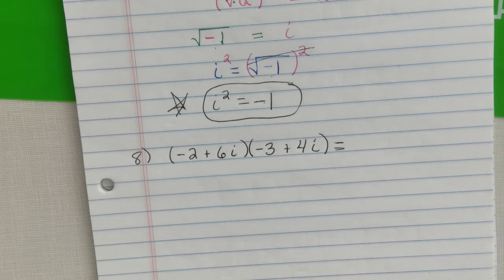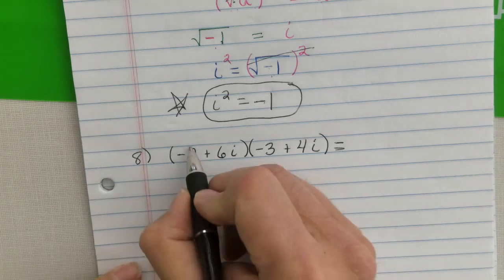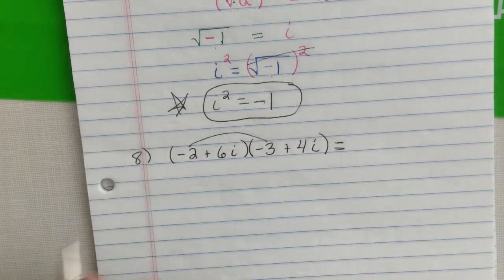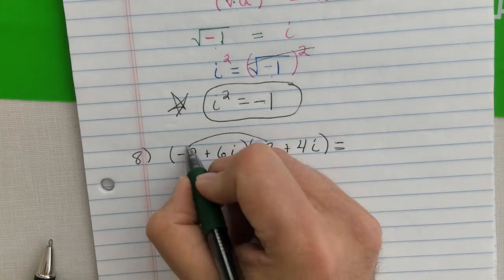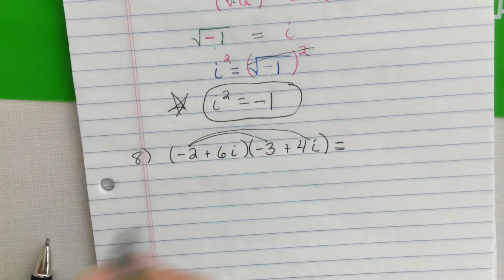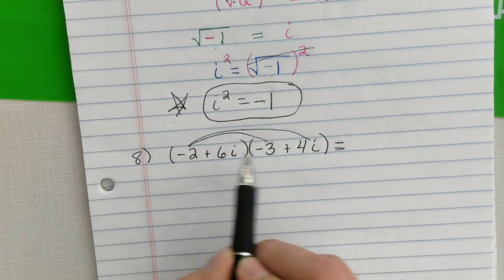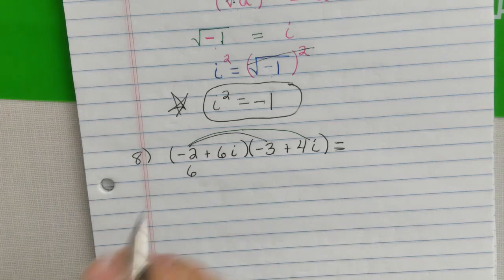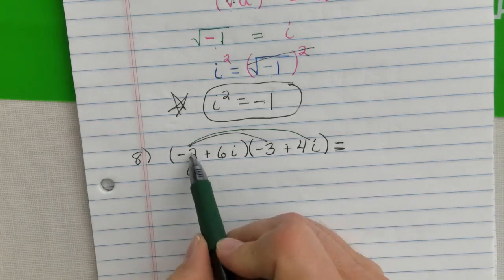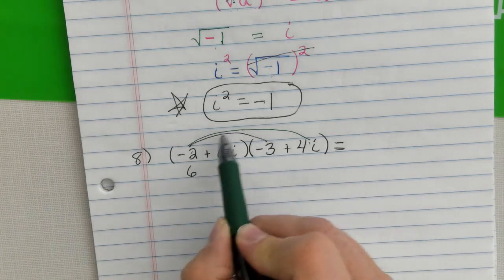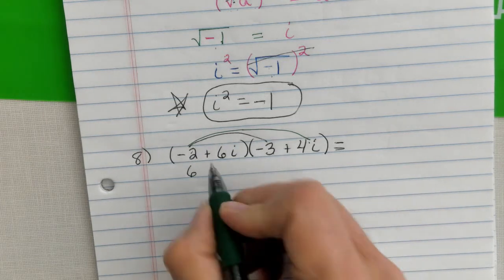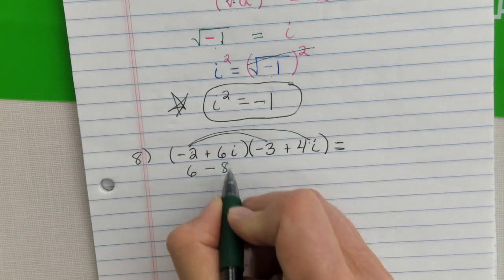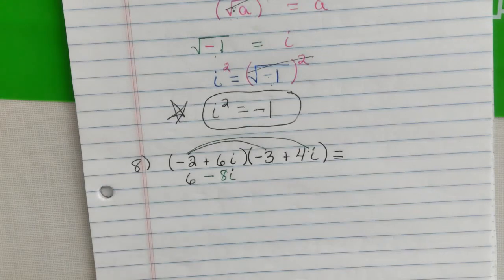Okay? So, I'm about to start foiling. That's the first, outer, inner, last. This is when you're multiplying. Doing the first: -2 times -3 is a +6. Outer: -2 times a +4i, -8i.